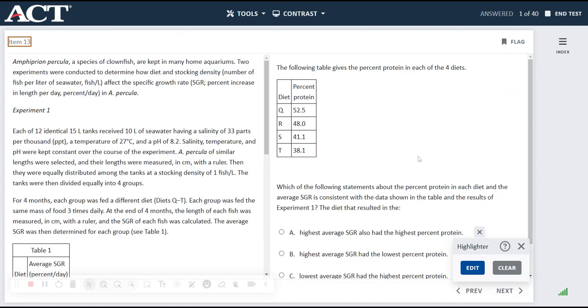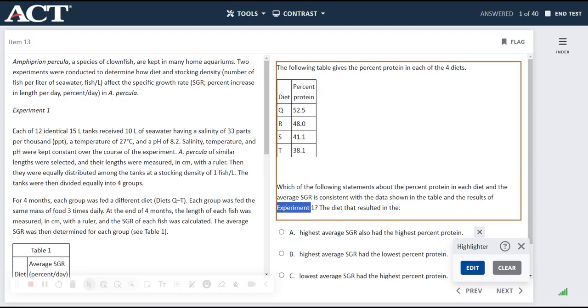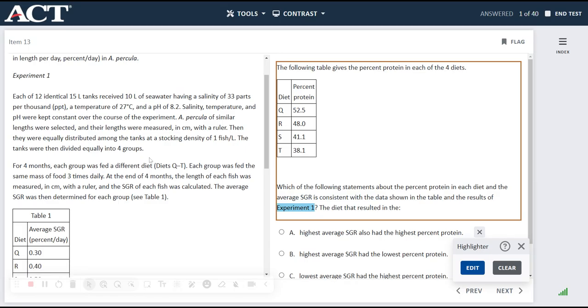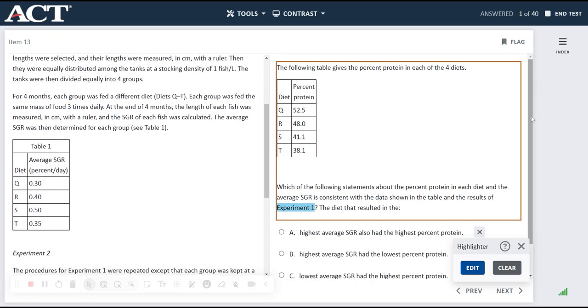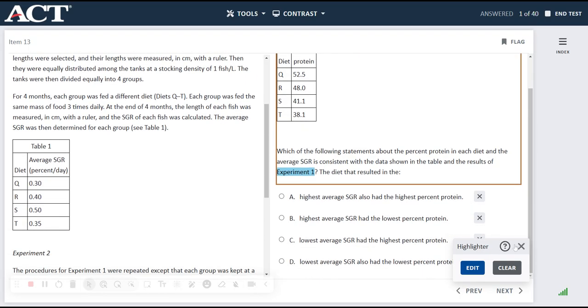All right, the following table gives the percent of protein in each of the 4 diets. So that's new information. Which of the following statements about percent protein in each diet and the average SGR is consistent with the data shown in the results for experiment 1, not table 1? So we're going to use process of elimination here, go through the answers.